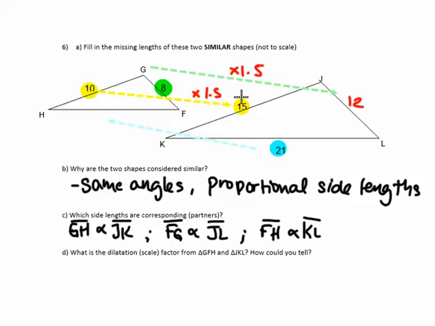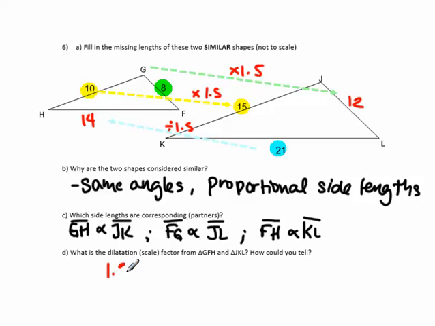And so when I work backwards, what I'm doing is I'm finding the smaller side length. And so if I find that on the calculator, or if I do this in my head, then I find that the answer is 14. Because what I'm doing is I'm dividing by 1.5 instead to go backwards. So the missing lengths for the similar shapes are 12 for side length JL and 14 for side length FH. So what is the dilatation factor?